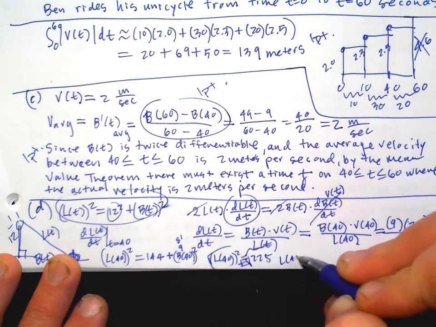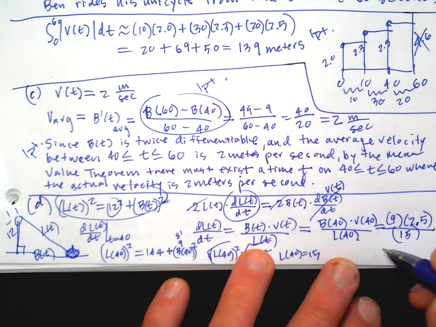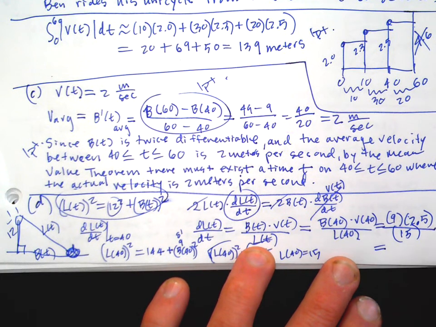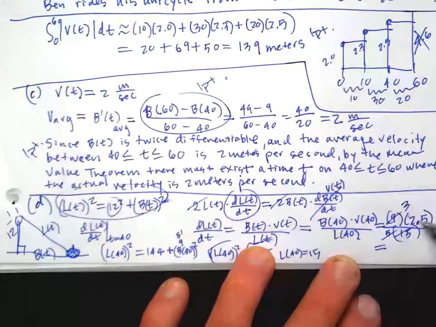L(40) equals 15, so that's what goes in here. And then finally, we get our answer. We could try and clean this up. 3 goes into this 3 times, 3 goes into this 5 times, 5 goes into this 0.5 times. So it's going to be 1.5.